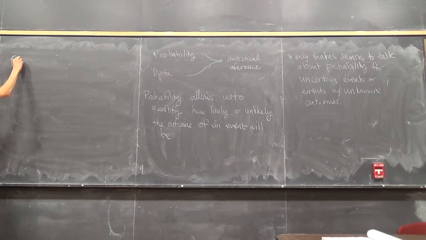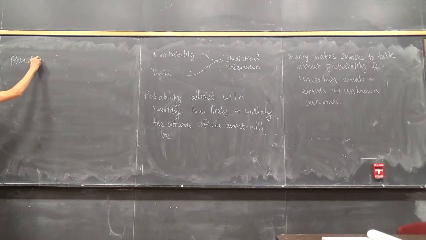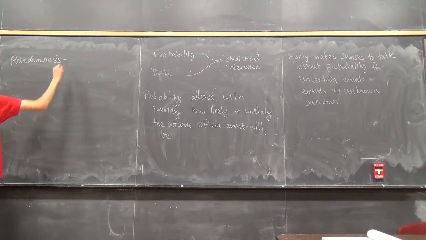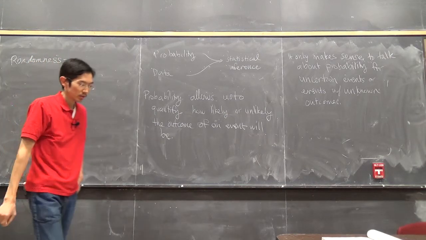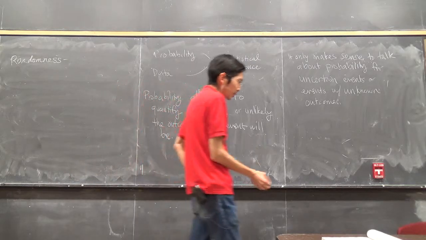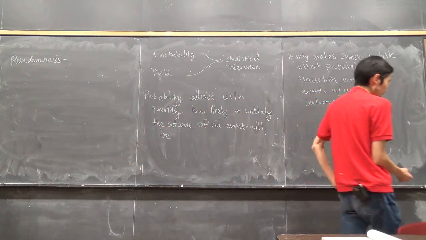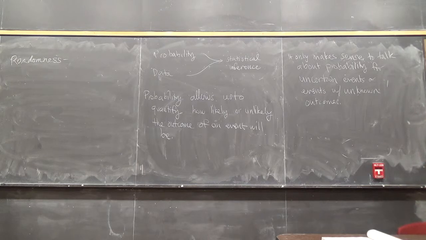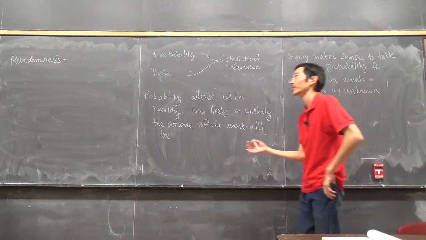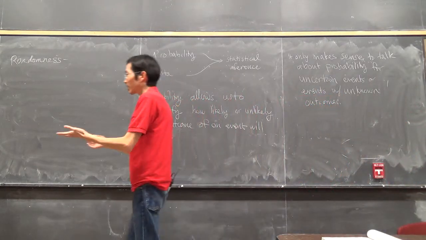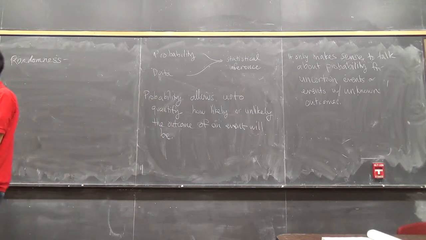We have this concept of randomness. Randomness can be used to describe the outcome of an event where we cannot predict the outcome.